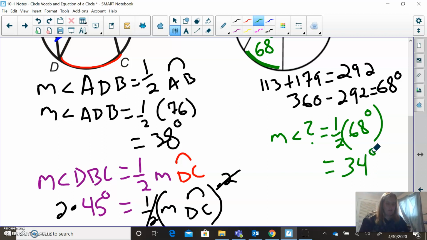And you can do this in your calculator by taking 68 and dividing by 2. So 68 divided by 2, you get 34. Awesome, guys. Let's keep going.